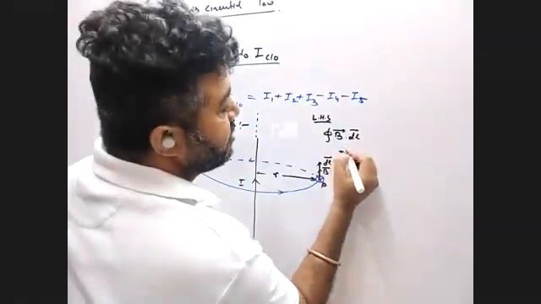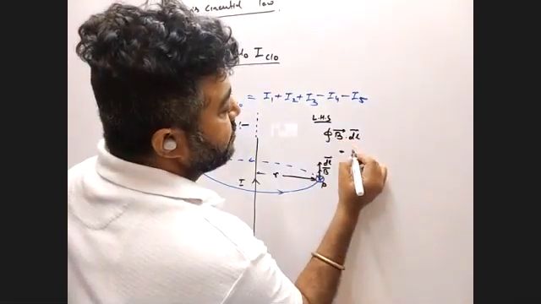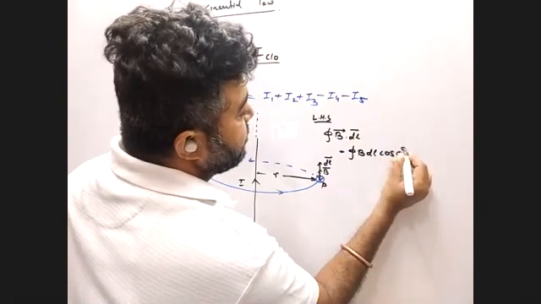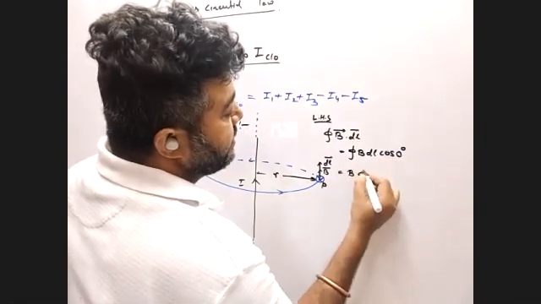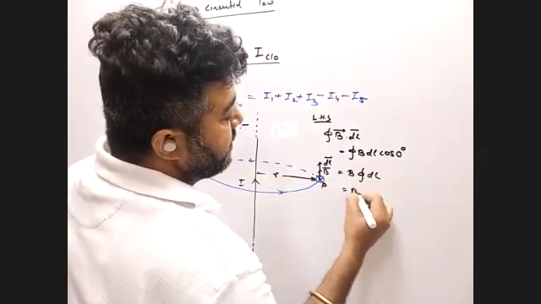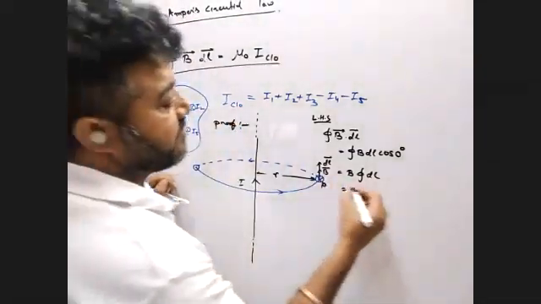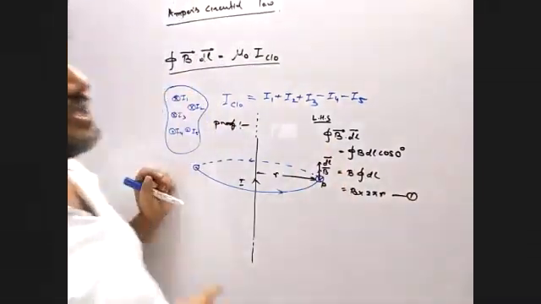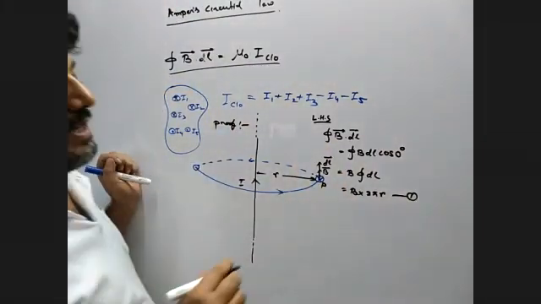So B dot dl is the integration of B dl cos 0 degree, that is B into dl, B into the circumference of the circle, 2 pi r. So my B dot dl is B into 2 pi r.